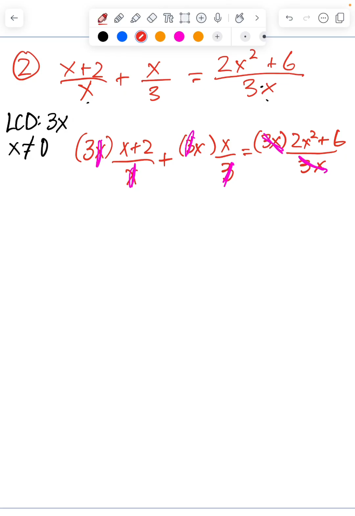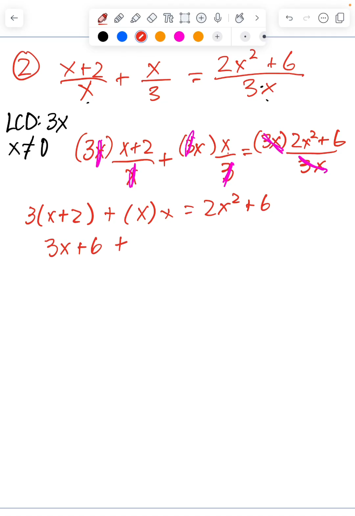All I have left here is 3(x + 2), these x's are gone, plus x times this x here equals 2x² + 6. So I'm going to get 3x + 6 + x² = 2x² + 6.